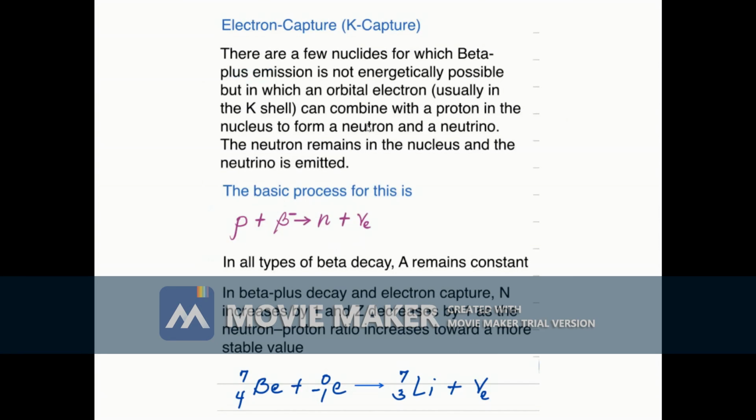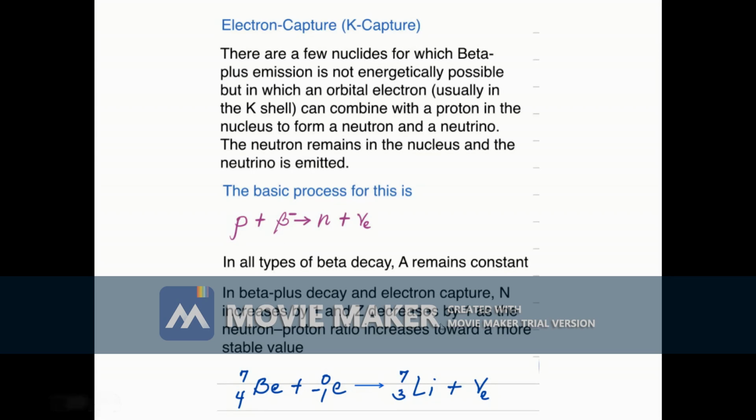Here is an electron capture. It's a different example of beta decay. The typical formula is proton plus beta minus particle, which is an electron, gives neutron plus neutrino.